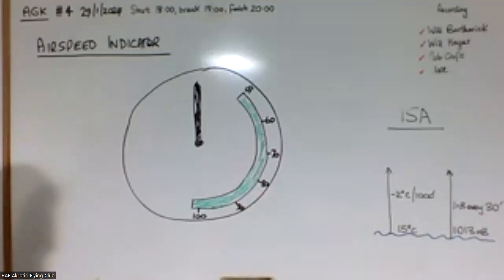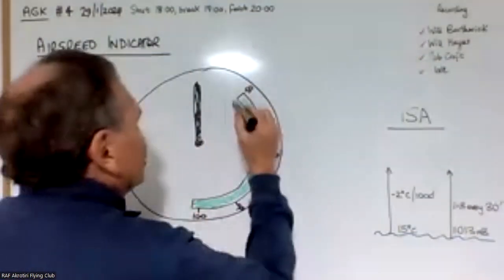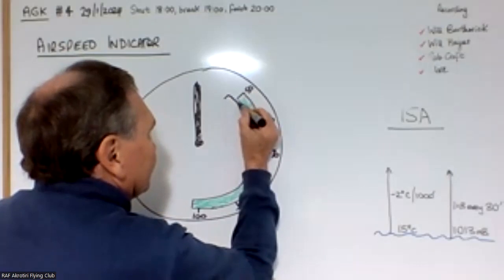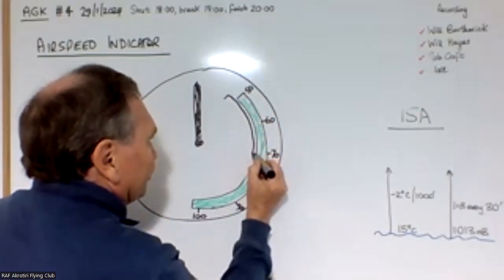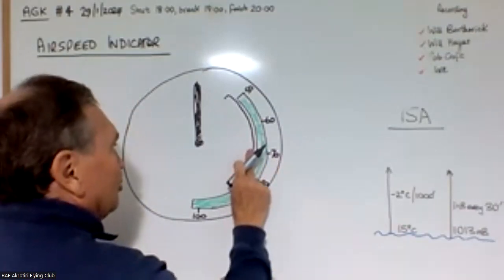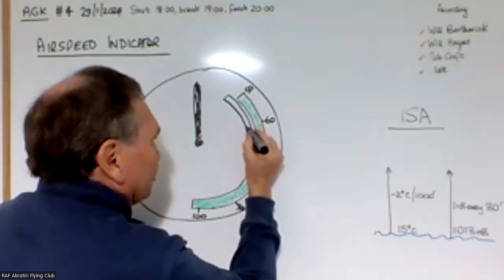Now there's another arc just inside that, which is, whoops, won't be that big, will it? Let's draw a small one.